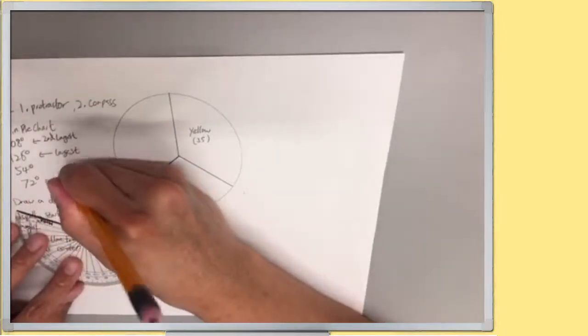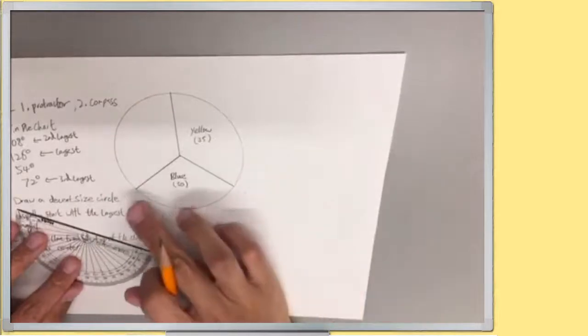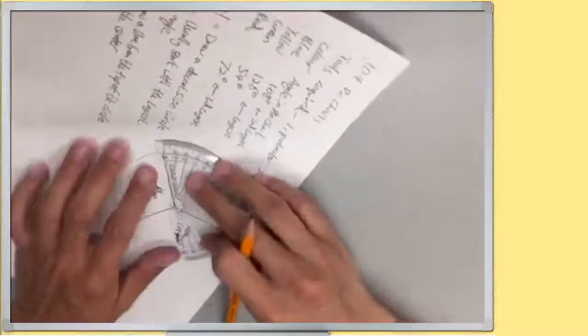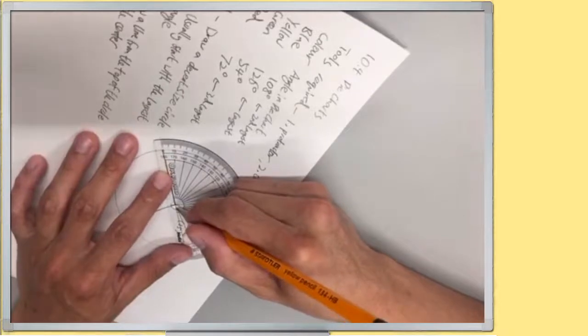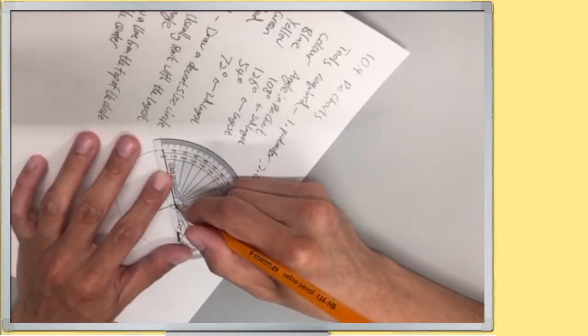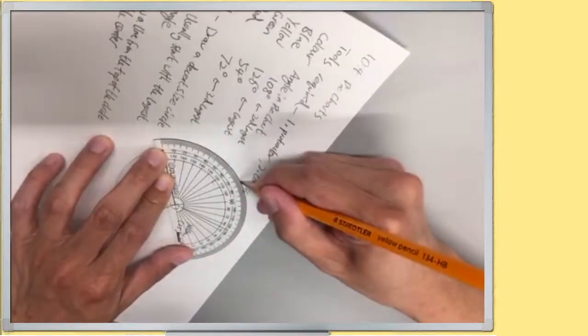That's the third largest. So I'm going to start at the end of the blue, and I'm going to measure 72 degrees. So it's going to be like this. Again, the center at the very center point, like this. And then from 0, I'm going to trace up to 71, 72.